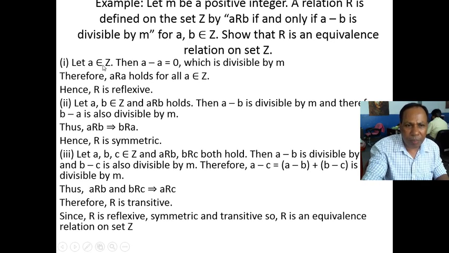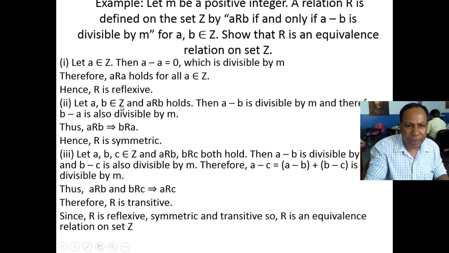Now consider the reflexive property. Let us consider any arbitrary element A belonging to the set of integers. We know A minus A is equal to 0, which is divisible by M. So A related to A holds for all A belonging to Z. Therefore we can say the relation R is reflexive.